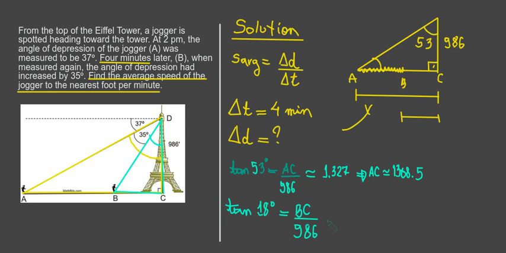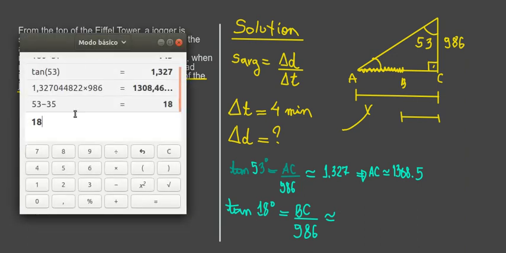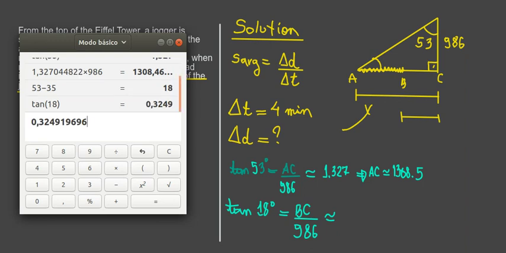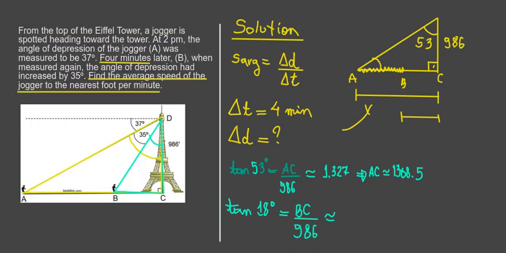That tangent is approximately, let's take the value of it, the tangent of this angle, which is approximately 0.325. And that implies that BC, which is the value that we are desiring to compute here, is approximately, let's do this computation.